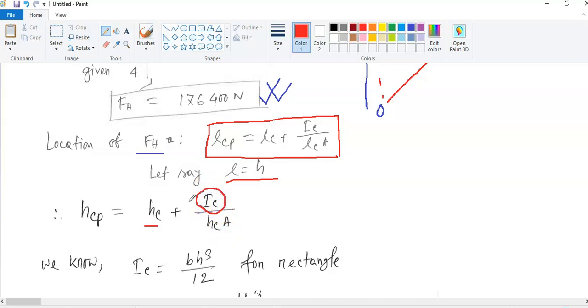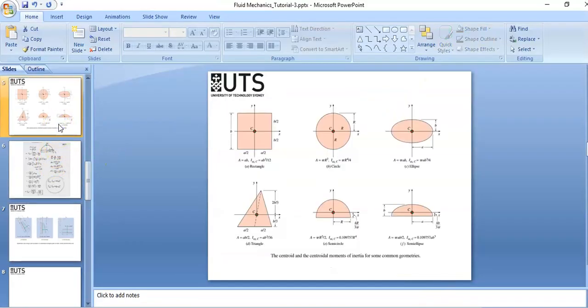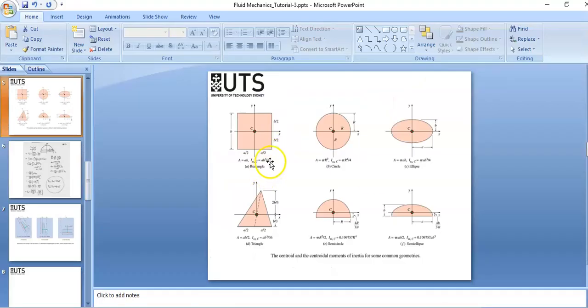From the formula in the book, we know that IC for a rectangle is b h cubed over 12. Let me show you the slide that I prepared for the tutorials. You see, it is b h cubed over 12. So let's see the formula here.